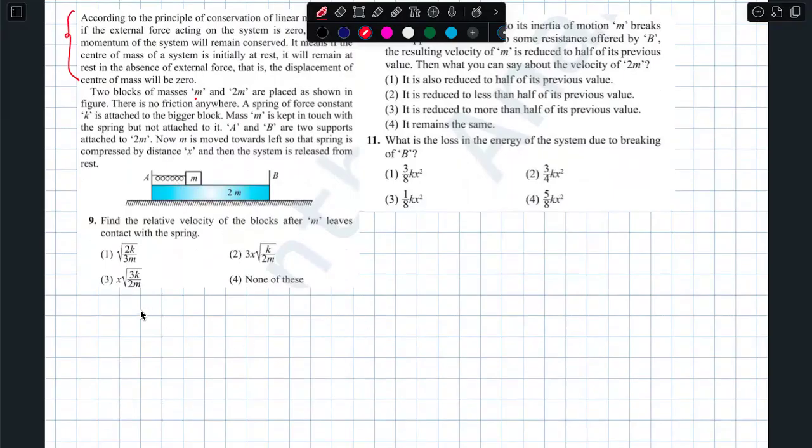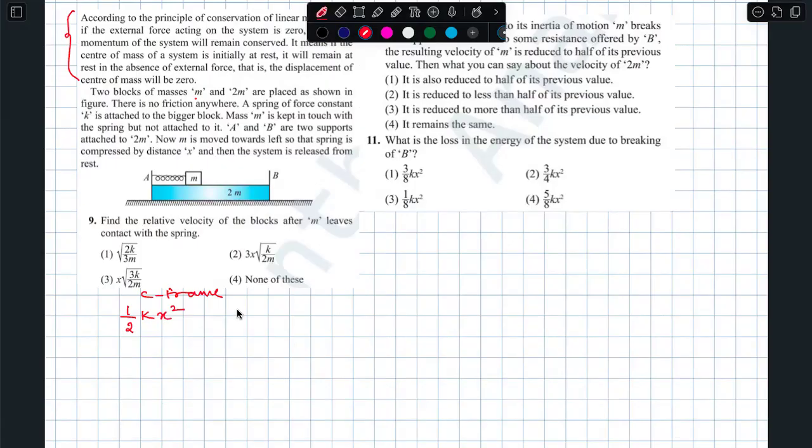No issues. See, in the C frame of reference, initially the total energy is elastic potential energy. Agreed?